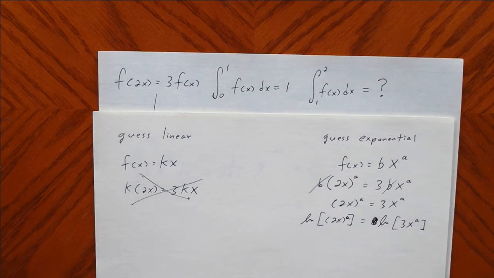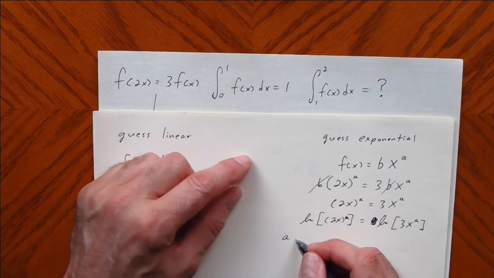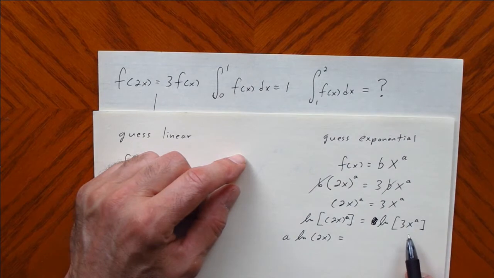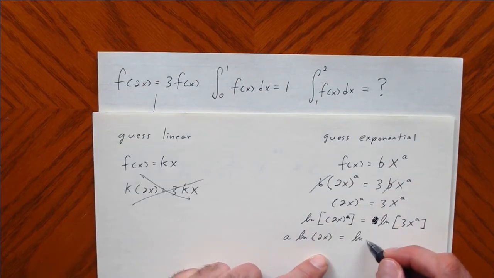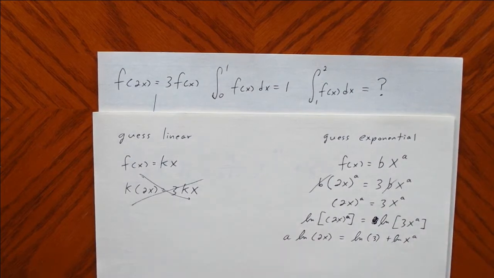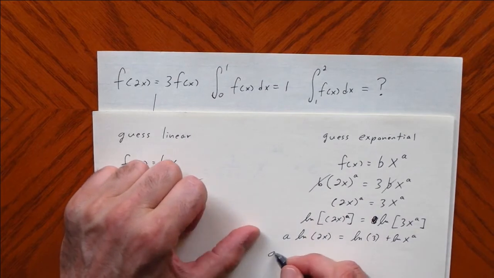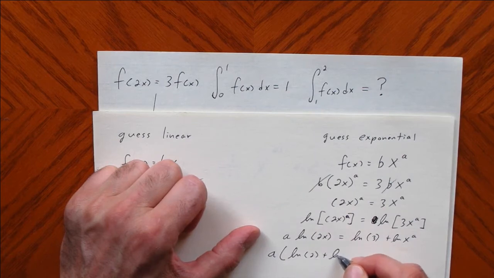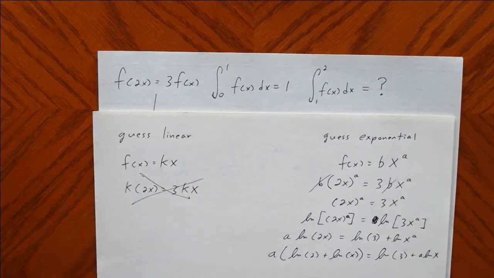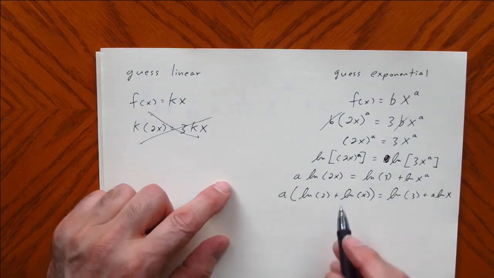So what we're going to do is say that a times the natural log of 2x equals the log of 3 plus the log of x to the a. Now we can break this up a little more. A times log of 2 plus log of x equals log of 3, and we can break this up, a log x.